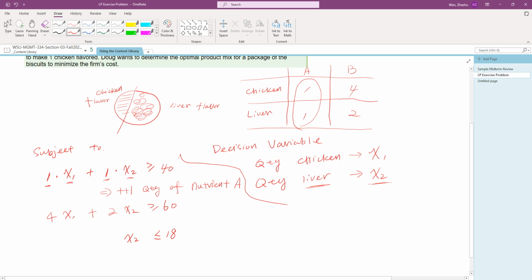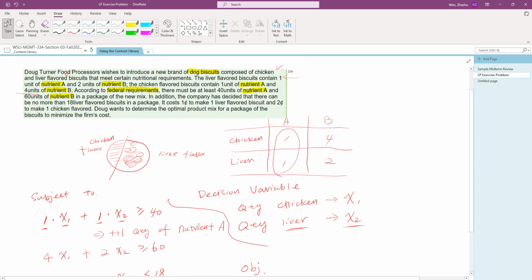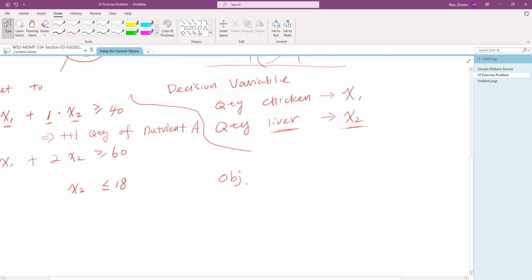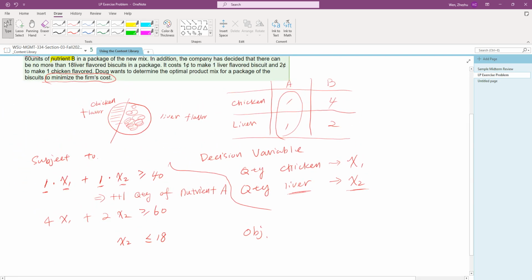Okay, and then what is our objective function? They want to come up with this biscuit package that minimizes the firm's cost. To me, it doesn't exactly make business sense, but since this is the problem itself, I don't want to rant too much about it. So your objective function is going to be, let's see how much each costs. Cost for chicken is 1.